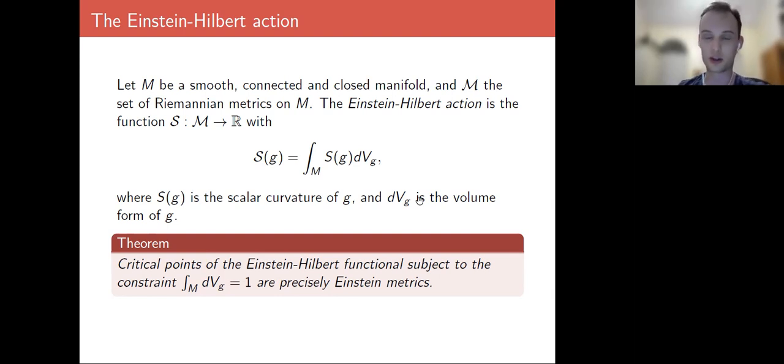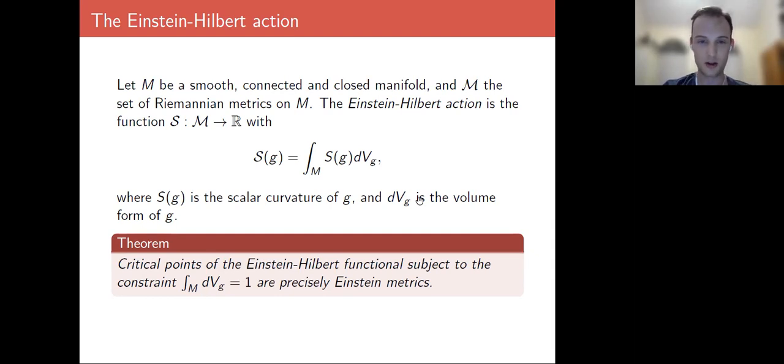It turns out that the critical points of this functional are precisely the Einstein metrics. Everyone loves Einstein metrics. Everyone wants to construct new Einstein metrics. And so this in part explains the interest in the Einstein-Hilbert functional.